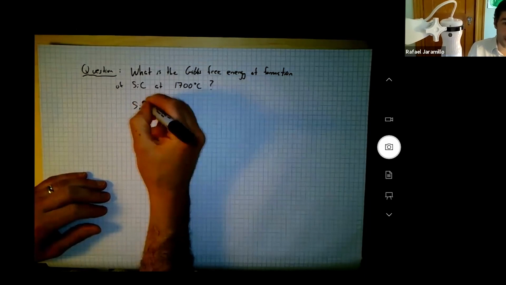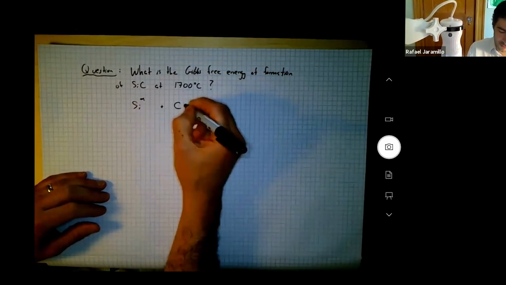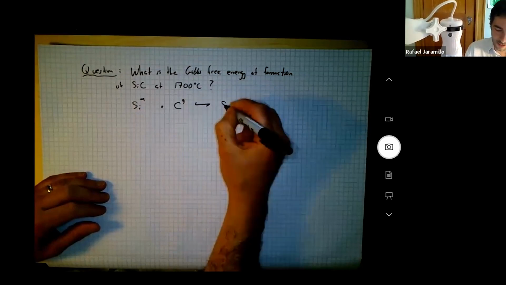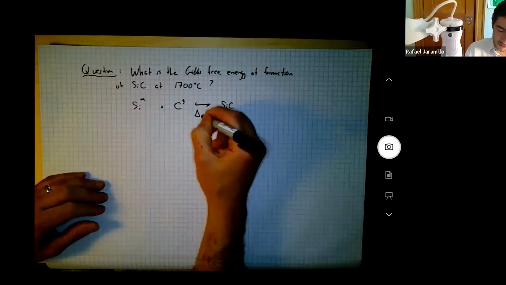That is silicon in its solid phase plus carbon in its graphite phase going to silicon carbide. And I'm asking for delta G formation.